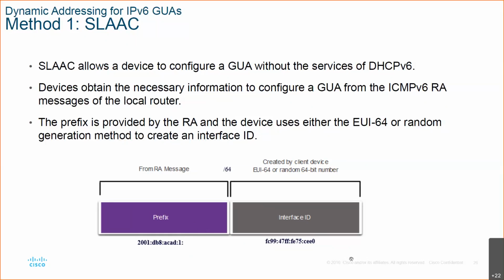And then it will also generate an automatic interface ID. Now, the way it generates this is following a random generation number, or it follows EUI64. This one would be tied to your MAC address. We'll study how it works.